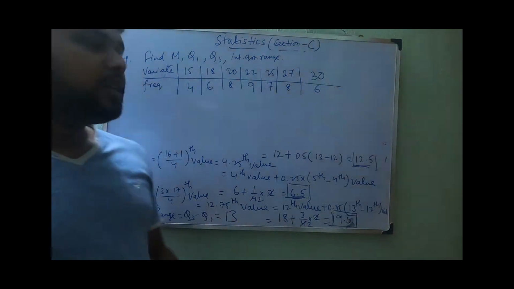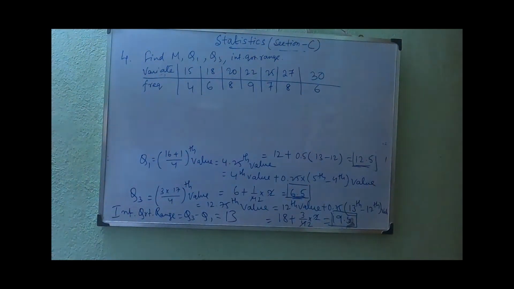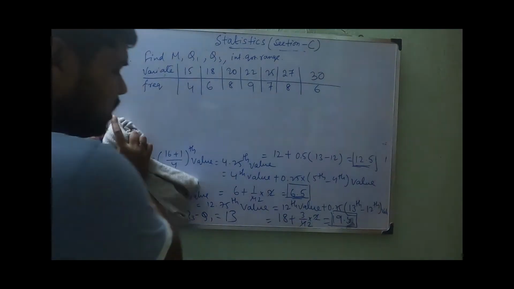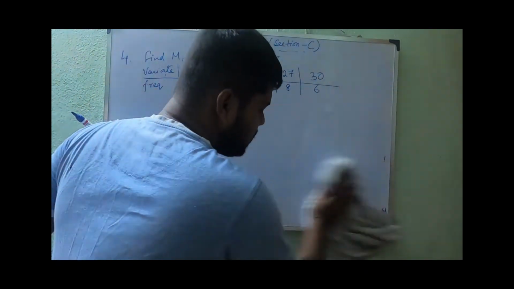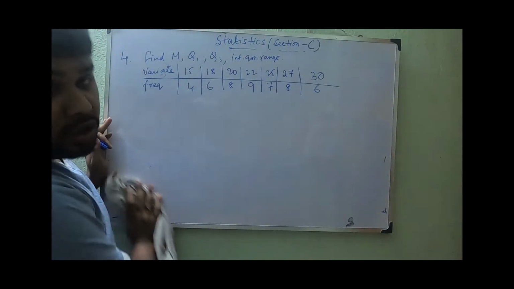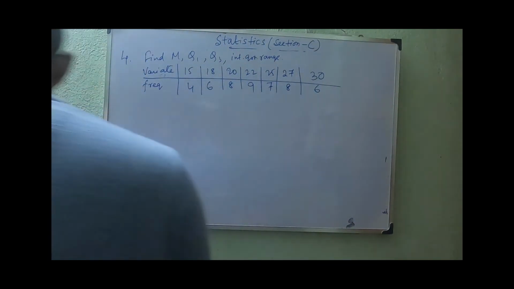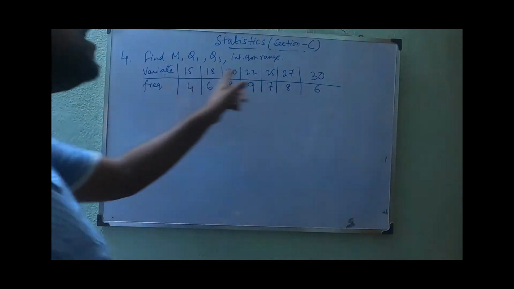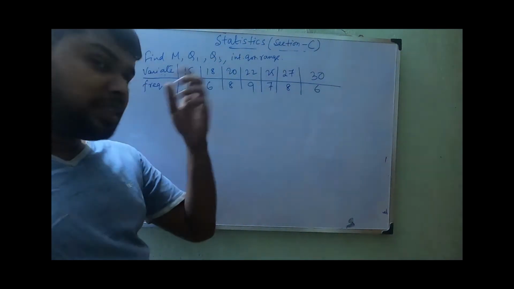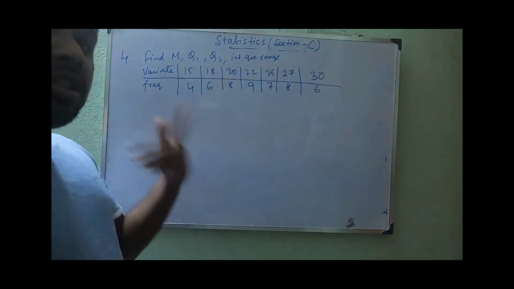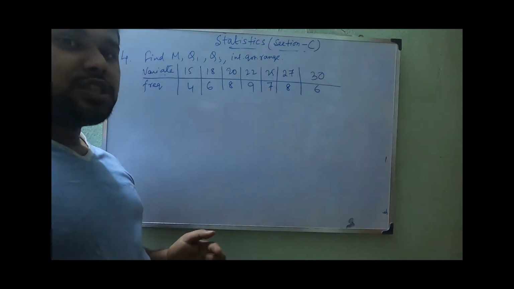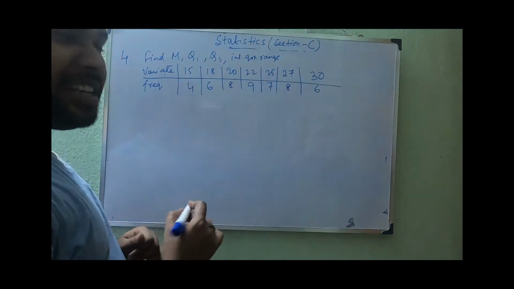Now I need to find again the median and all the other values. Now this is not a group data. If you are thinking that this is a group data, this is not a group data. Why? Because in group data there has to be class intervals. So there is no class interval. So this is basically an ungrouped data only. But the repetitions of the same variate is so many times that we can't write it one after the other.